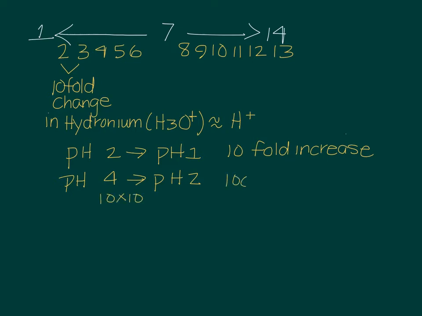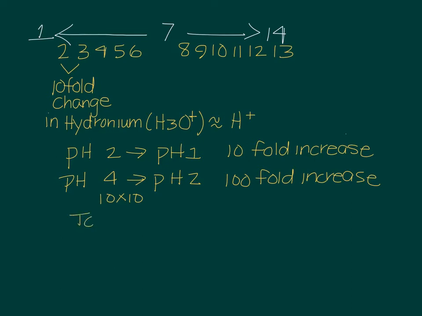So this is a 100-fold increase. And if I went from a pH of 6 to a pH of 3, that's 3 pH changes. 10 times 10 times 10 is 1,000. Okay? Now, that's going toward acids. That's always going toward the left.